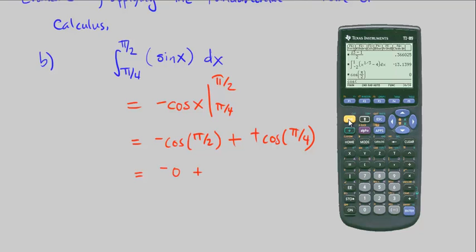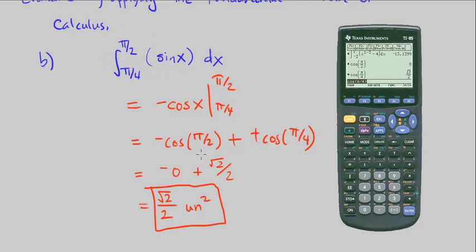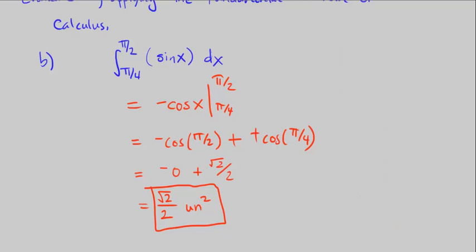Cosine of pi over 4 should be square root of 2 over 2. Yep, square root of 2 over 2. So this is equal to square root of 2 over 2 units squared. Remember, this means area, so I would always put units squared. Okay, let's go on to part C.